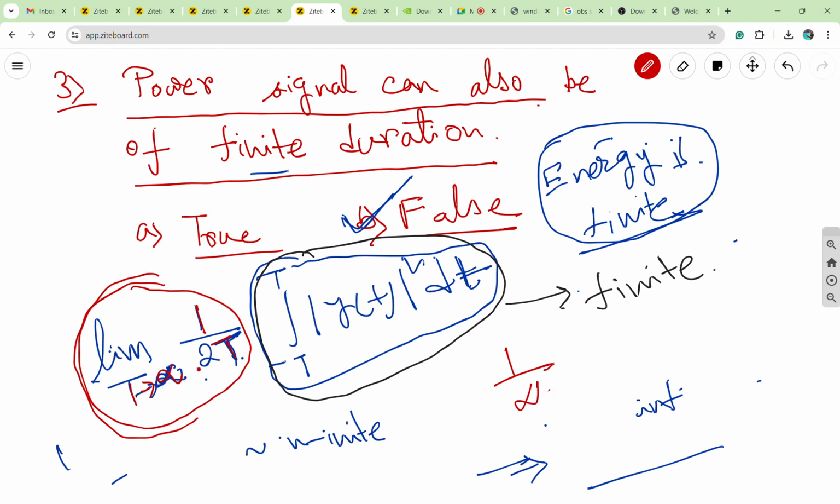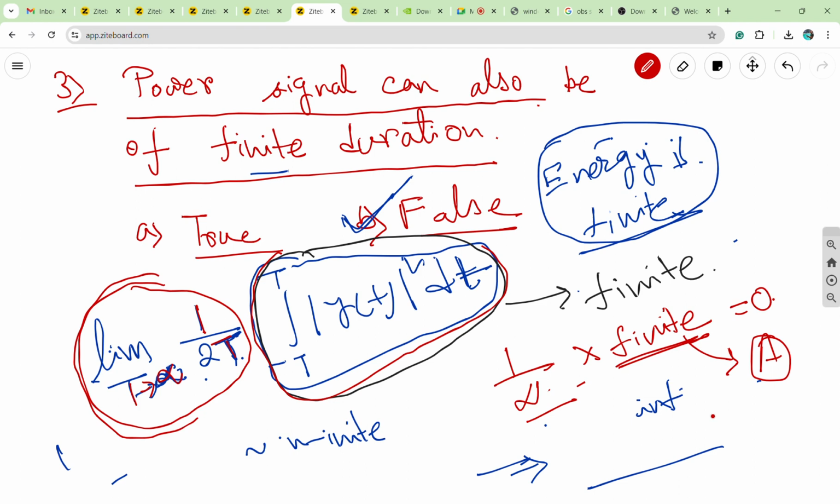The numerator is some finite term. So finite by infinite, what does it come to? It is always 0. Suppose this finite term is a constant a. Then the whole term becomes a by infinite, and a by infinite is 0. But power cannot be 0, so this cannot be a power signal in that scenario.